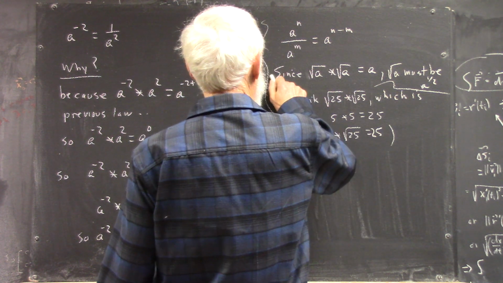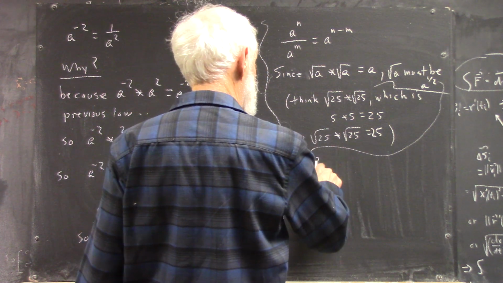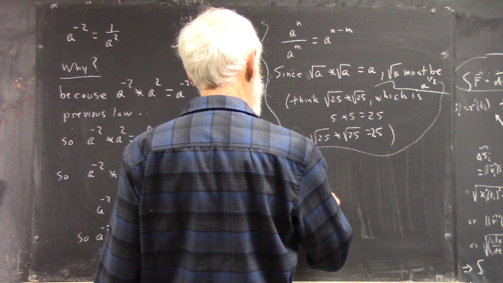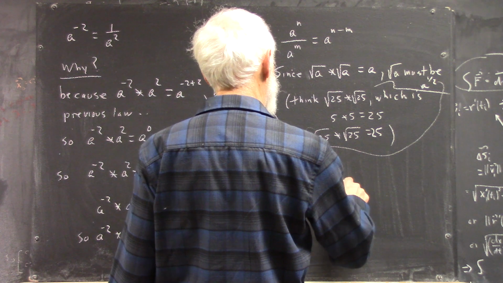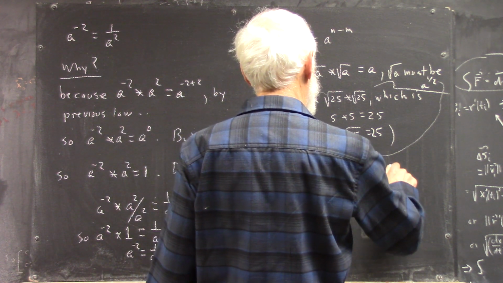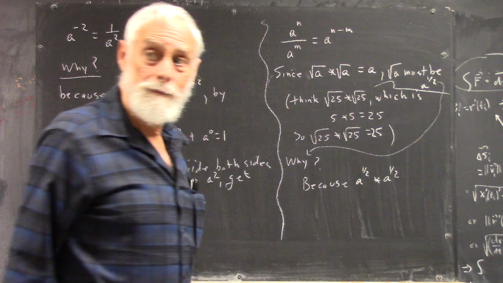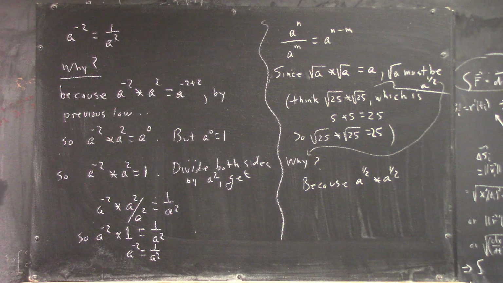The why comes from here. Because what's a to the 1/2 times a to the 1/2? What do you do if you have a to the n times a to the m? You add the exponents, right?